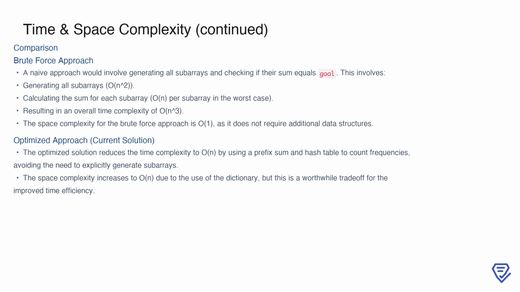In contrast, the optimized solution makes use of a prefix sum and a hash table to count frequencies, which avoids explicitly generating subarrays. This reduces the time complexity to O(n), significantly improving efficiency. While the space complexity increases to O(n) due to the dictionary, this trade-off is justified by the drastic reduction in time complexity, making the optimized approach far superior overall.